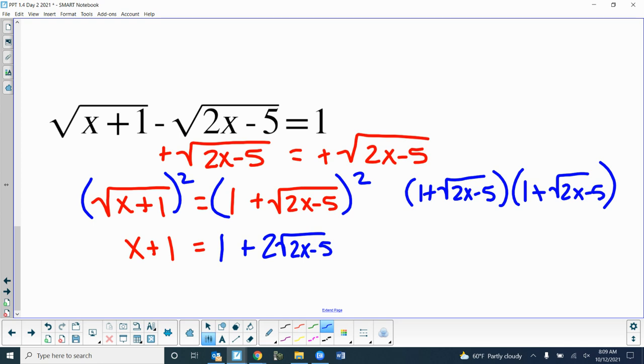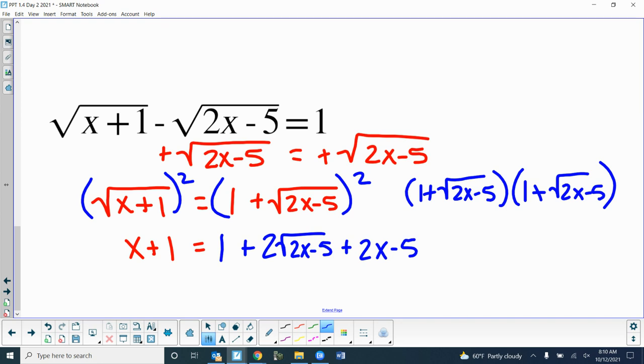And then you square this. Well, what's the square root of 2x minus 5 squared? 2x minus 5. Okay? So if I FOIL it, I get outside one of these, inside one of these. When I add them together, I got 2 of them. Okay, so I just like to do the shortcut. Makes it a little quicker for you.